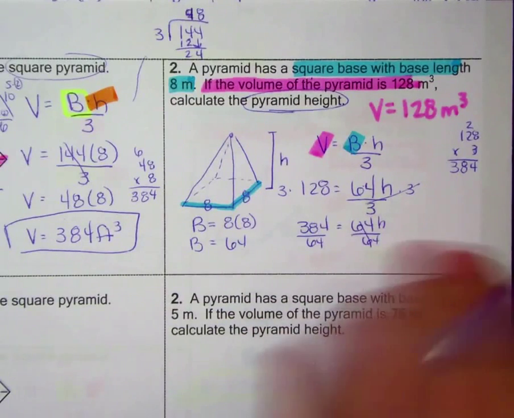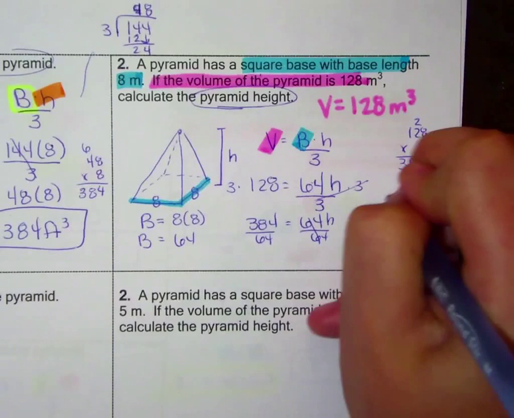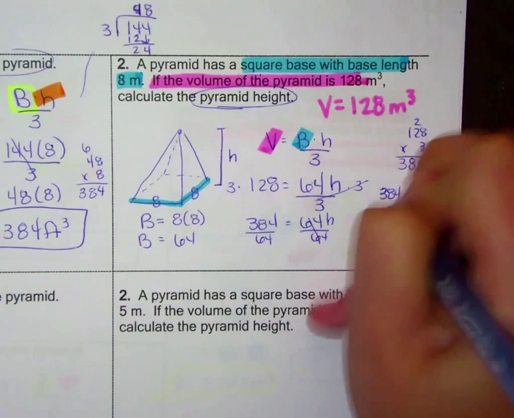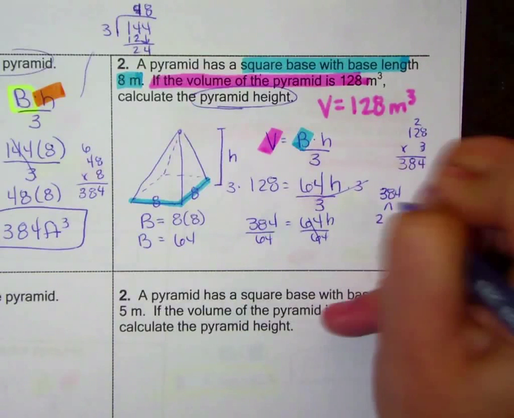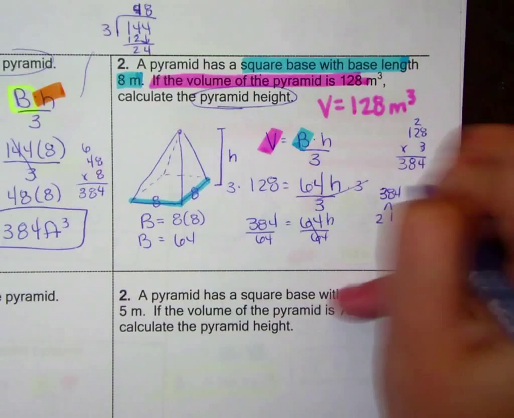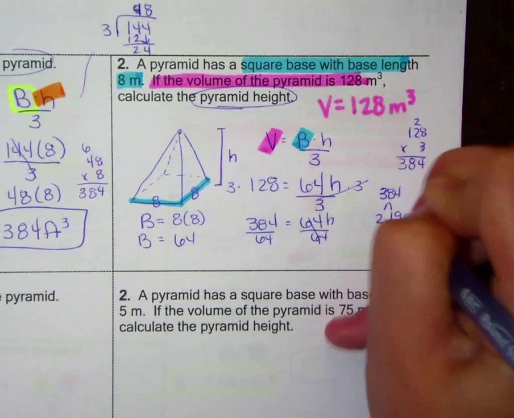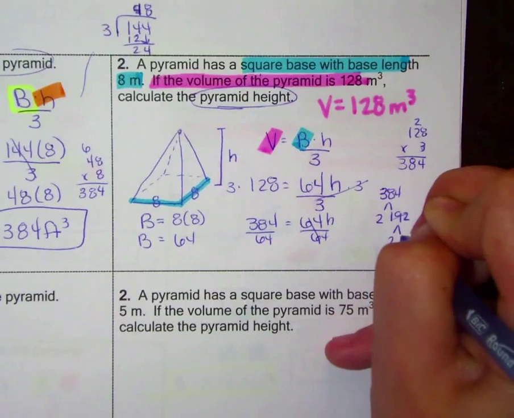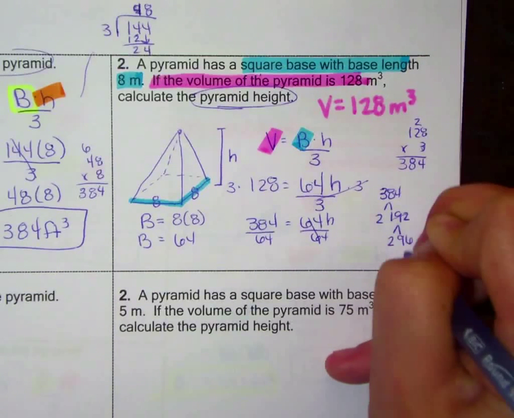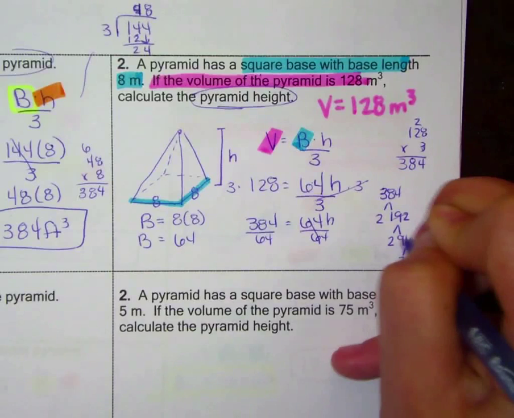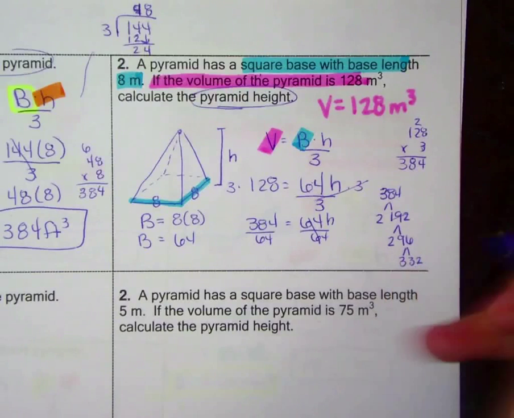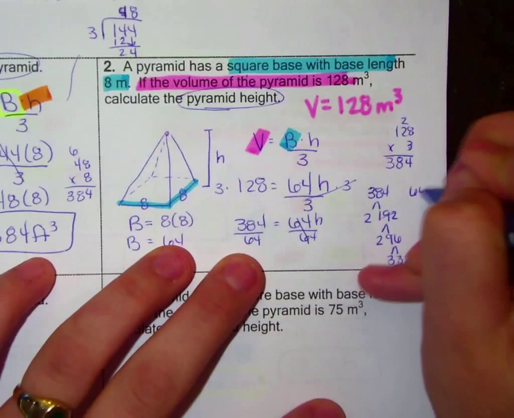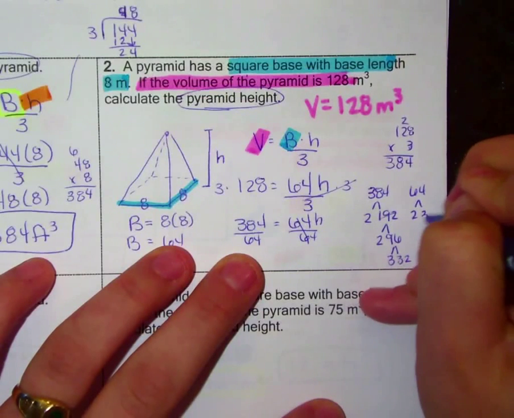I don't like reducing big numbers like that, so I'm going to go ahead and do this as a factor. So 384 reduces into 2 times 192. 192 reduces into 2 times 96. That's 3 times 32. And we can keep going, but I know that 64 is 2 times 32.